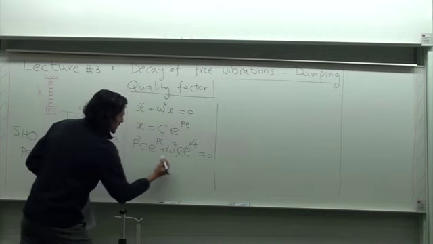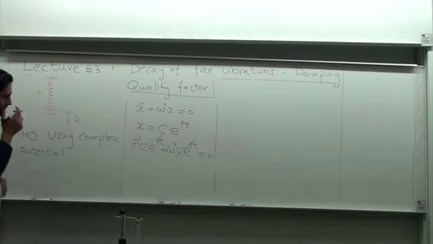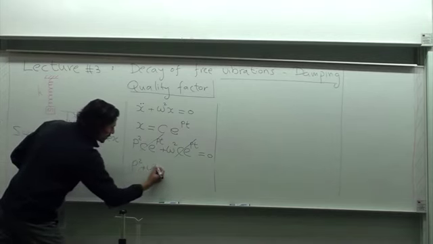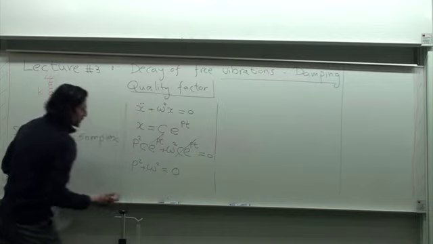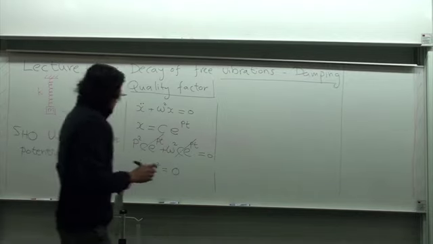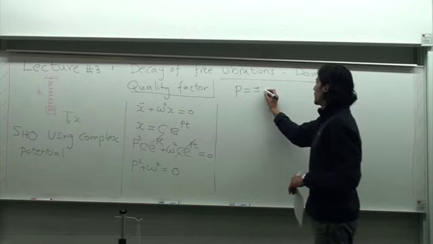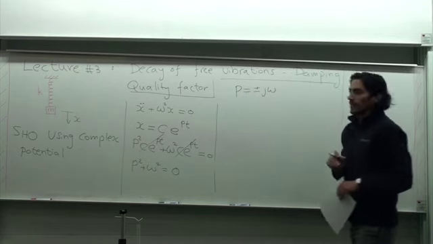So this part cancels out, and we have p squared plus omega squared equals 0. So the solution is p equals plus or minus j omega.